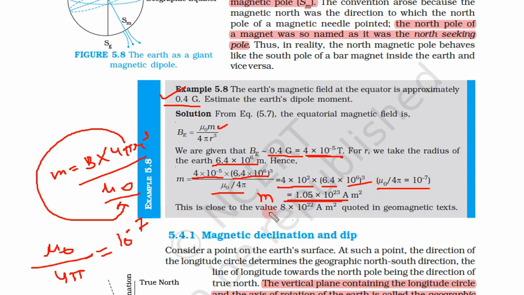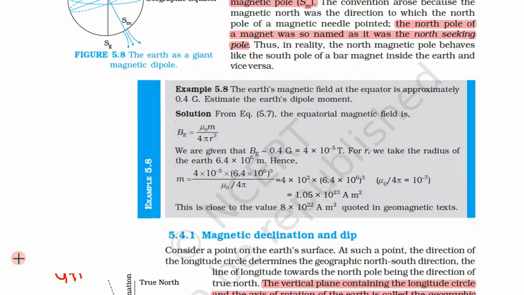This is close to the experimental value quoted in geomagnetic texts. So what is the experimental value? The experimental value is 8 into 10 to the power 22 ampere meter square. What value did we get? We got 1.05 into 10 to power 23, and the experimental value is 8 into 10 to power 22.